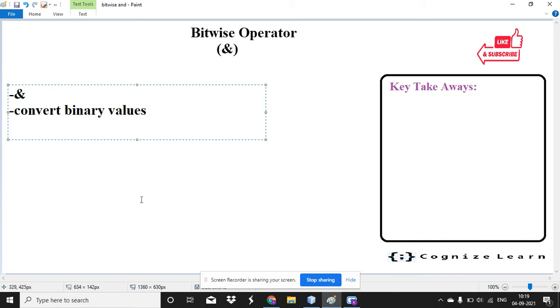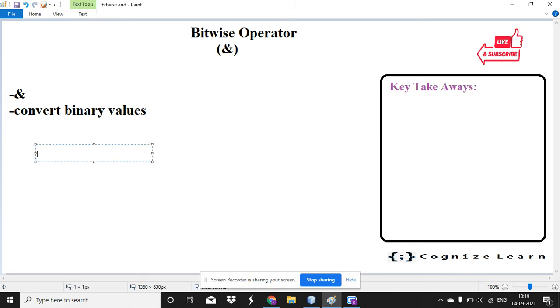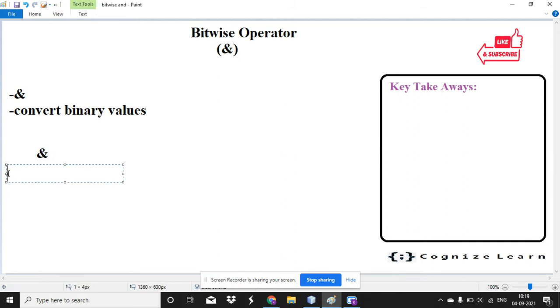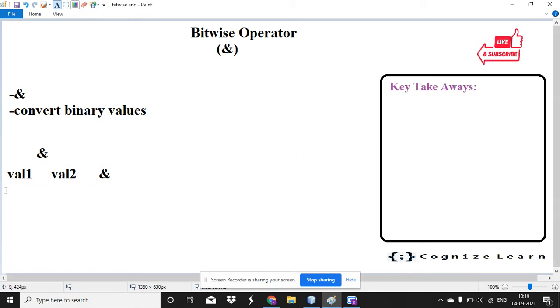Okay, so now I'm going to consider it as a truth table, or the combination of all your values. Here we are going to focus only on the binary values. So first I'm going to make the combinations. Maybe I'm taking value 1 and value 2, and what is the output of all the three values.